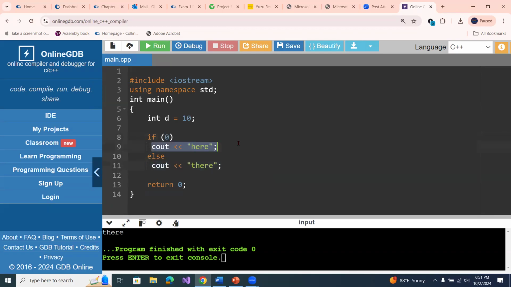If true, it outputs here. Now for true here, I can put any number. I can put 1 and it outputs here. I can put 2 and it outputs here. It doesn't matter what number you put here. It's only 0. So if you put 0, it definitely goes to the false. Anything else is going to go to true. It's just the way the if statement works, okay?